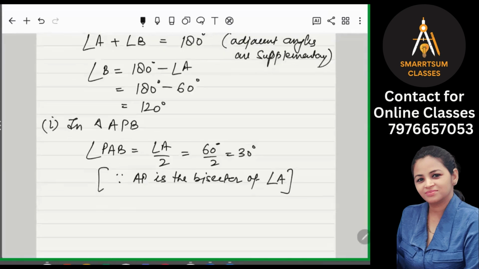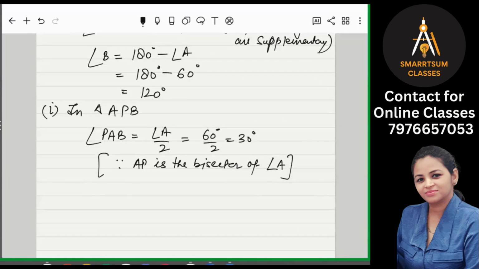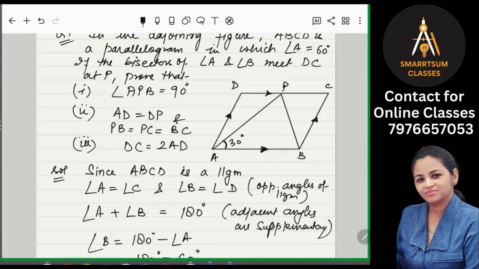Now, similarly, angle PBA will be equal to angle B by 2, because this line PB is bisecting angle B. So angle PBA, this angle, will be 120 by 2, that is 60 degrees.